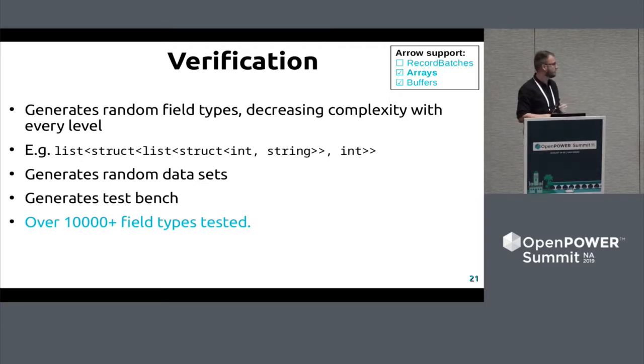So we decided to test over 10,000 field types, just generating random field types with decreasing complexity on every level. It turns out that it's a pretty good test for all your components. So we could verify, and then we were sure, okay, now we really support arrow arrays, with not all the types yet, but most of them.